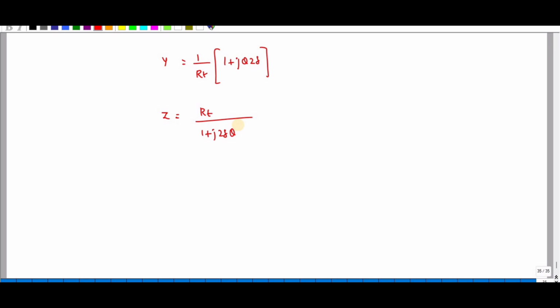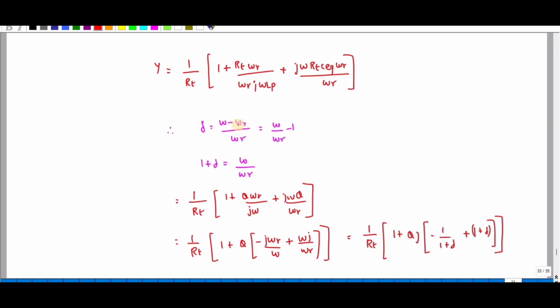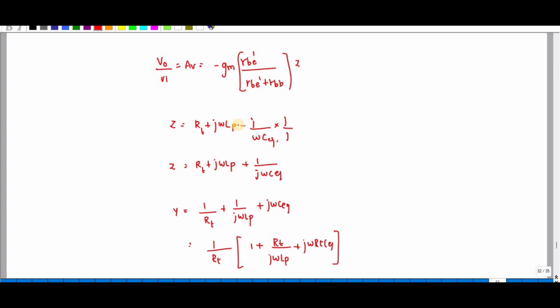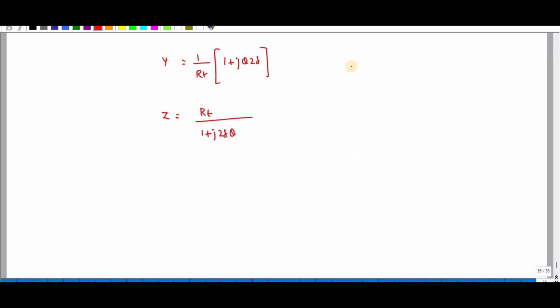So now you substitute this formula in this equation. Okay, third equation. So I'll get, what is AV?